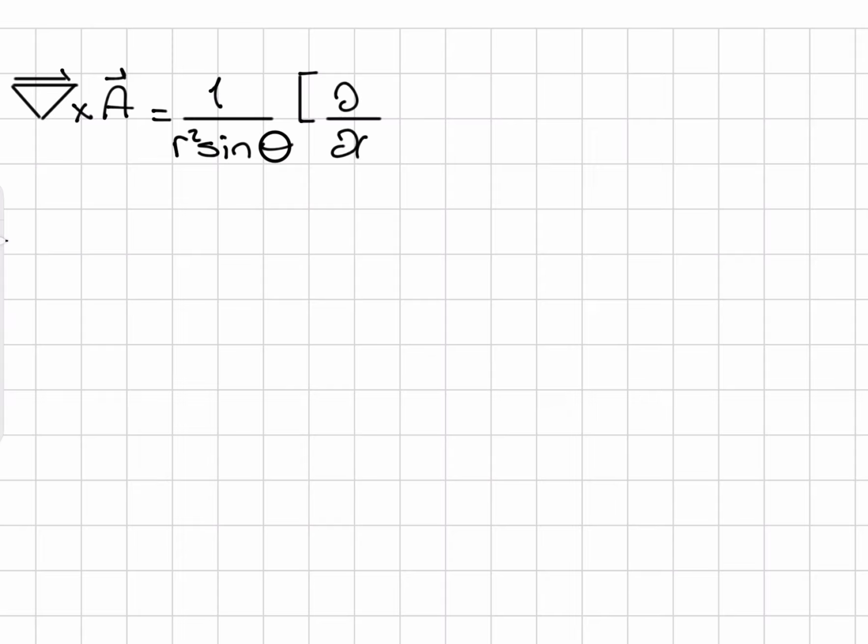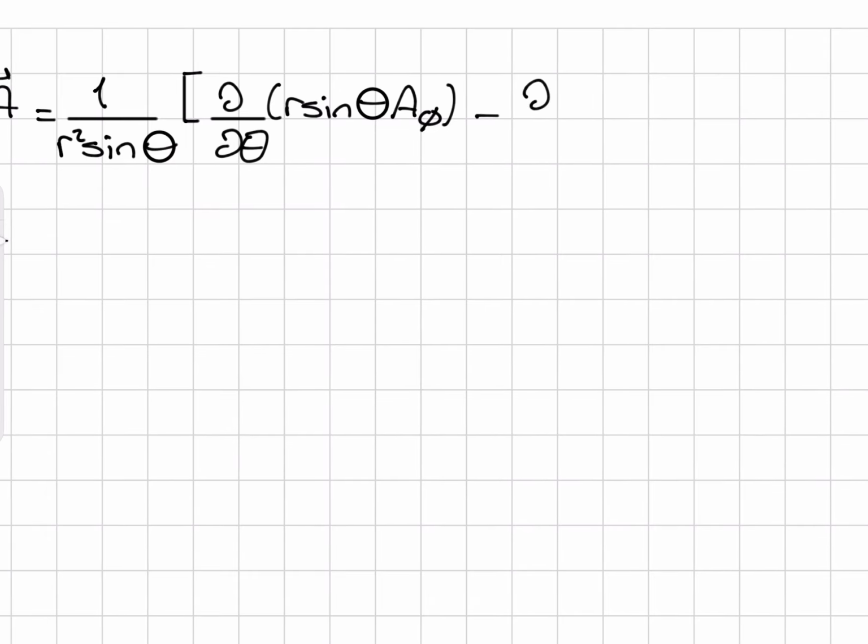Curl of A is equal to 1 over r squared sin theta, square brackets, ∂/∂theta of r sin theta A_phi minus ∂/∂phi of r A_theta.